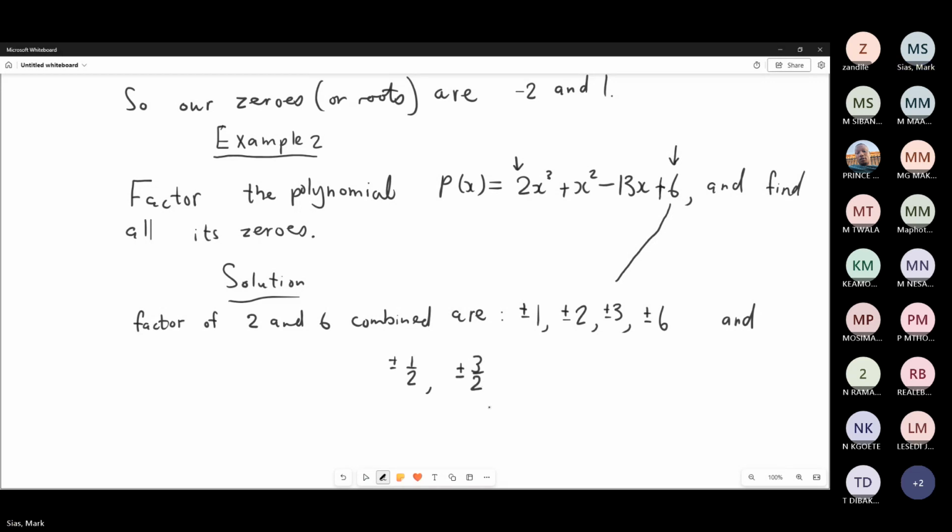This is this factor of 6 over this factor of 2. Right? So P over Q. And then lastly, you can get this situation where you have plus or minus 6 over 2.